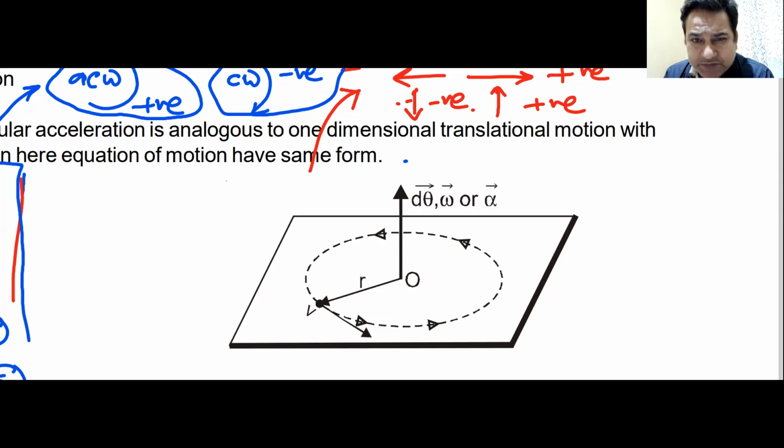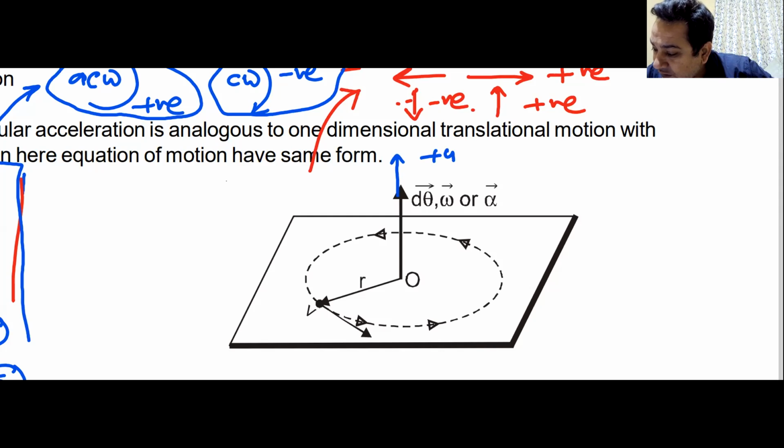Let us move further, and before winding up this class, just see one concept that makes things clear. Here I have shown in the sheet a rotation which is taking place along positive y-axis. As you can see, this axis is your positive y-axis.